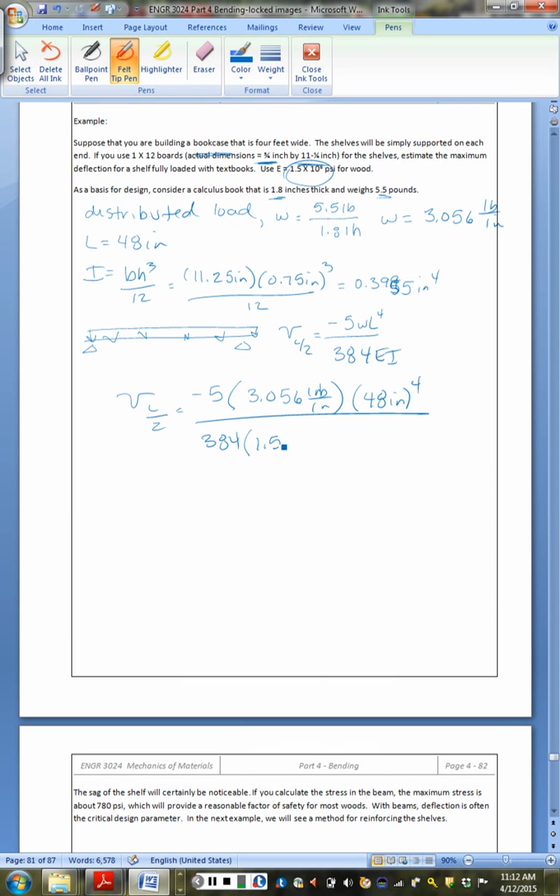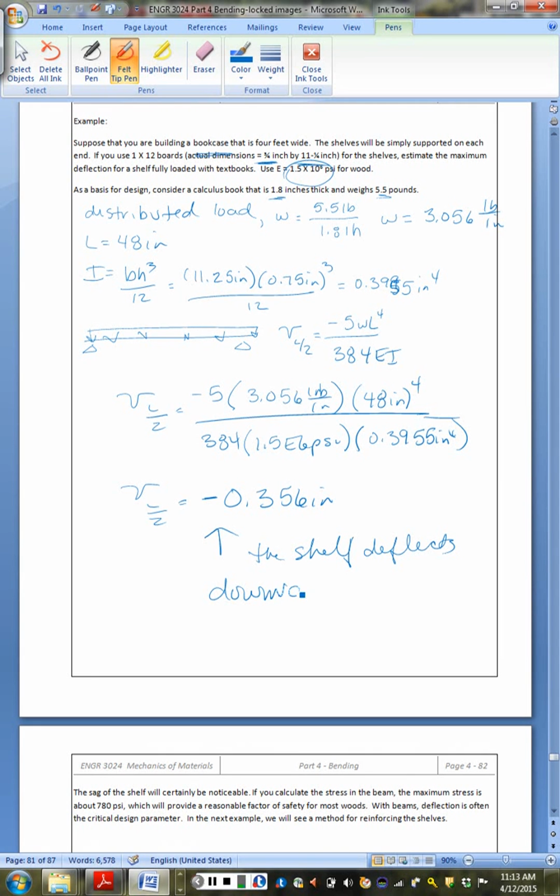This was 1.5 million. This was 0.3955, and that ends up with minus 0.356 inches. That negative sign is very important, meaning the shelf deflects downward by a little more than 1/3 of an inch.